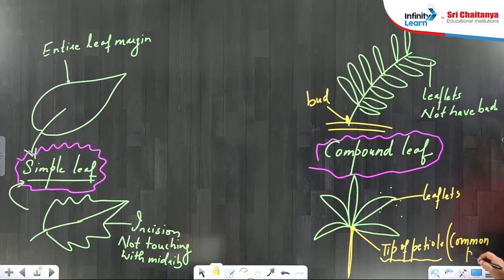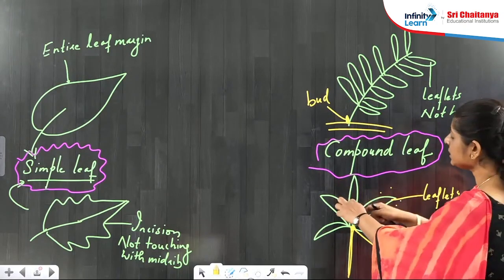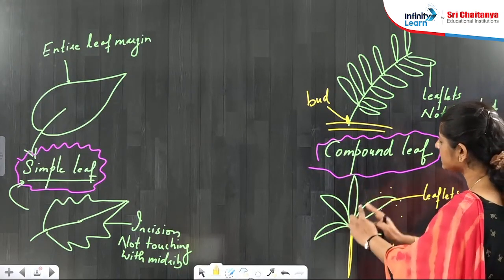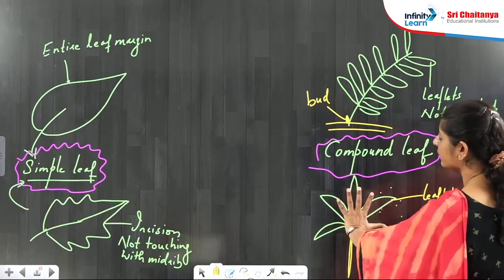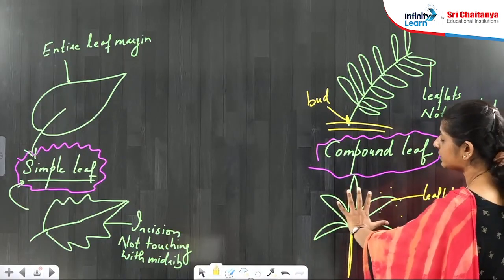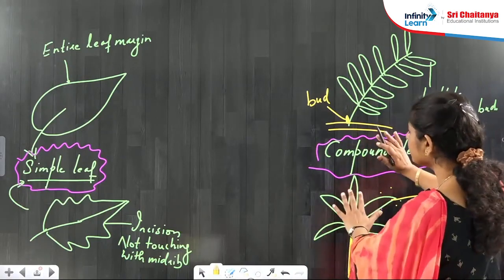What is this common point? That is the tip of the petiole. When all these incisions are so deep that the leaflets are grown in the form of a palm, like in a hand, such a leaf is no doubt a compound leaf.